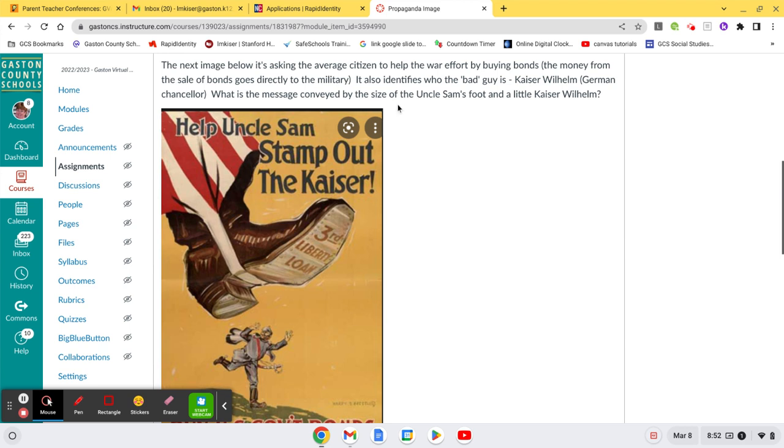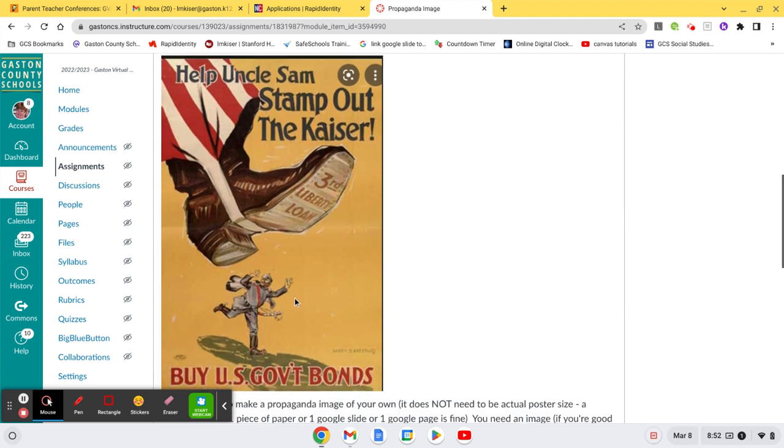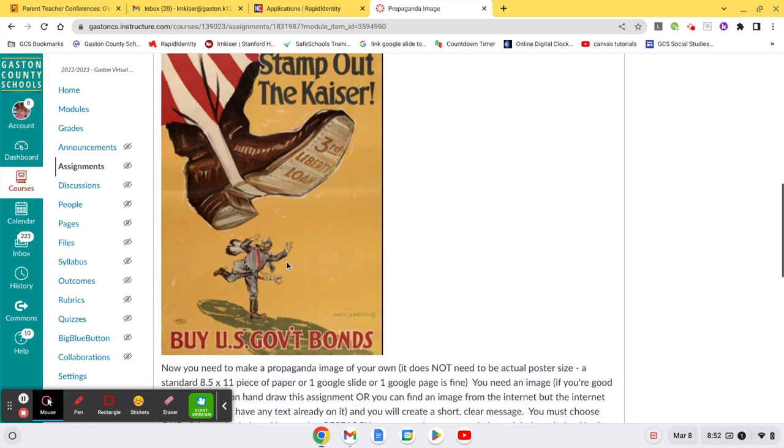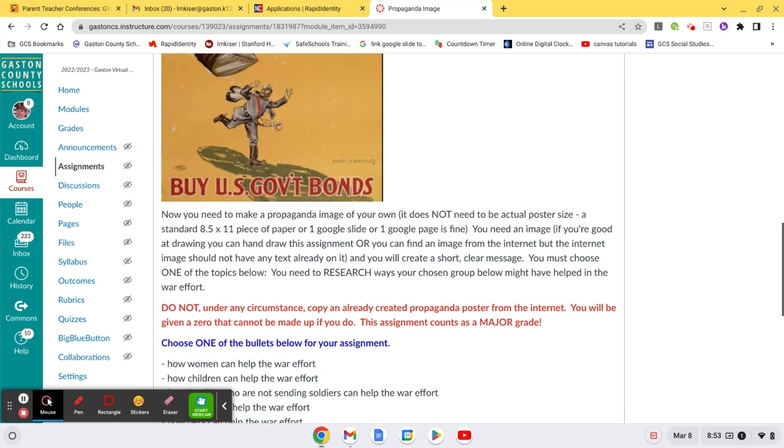And compare this message here. Look at the size of the foot compared to little Kaiser Wilhelm. It's saying that the United States is mighty, and we need your help with this might to stamp this out. And then here's your very specific message: buy U.S. government bonds.